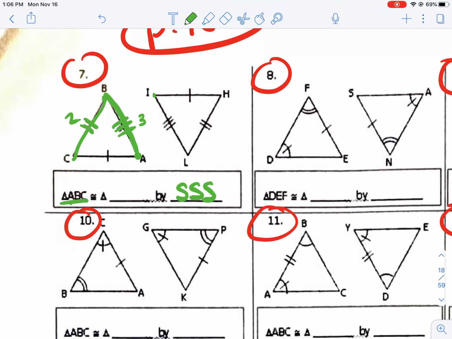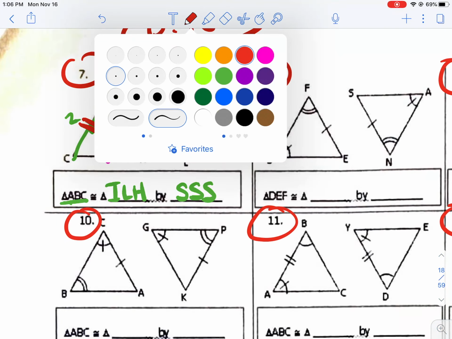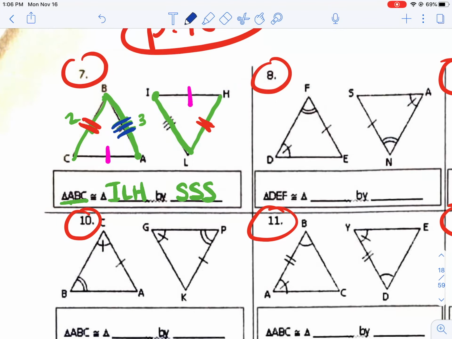So I want to start here, go down the 3 sides, down the 2. So I'm going to name it I, L, H. And then, because we have this side congruent to this side, and this side congruent to this side, we can use SSS.